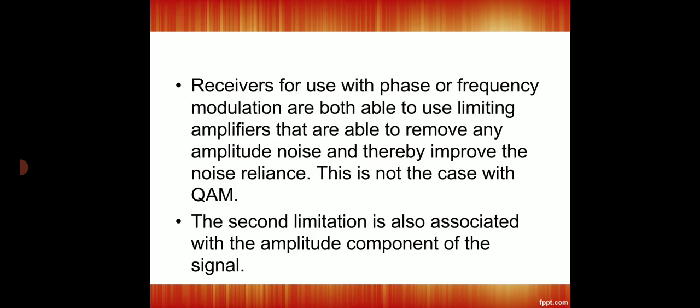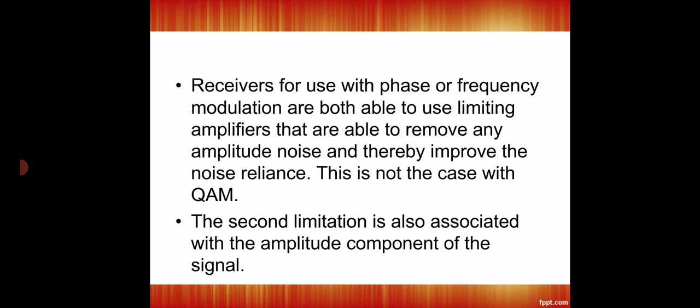So these are the disadvantages. Another is that receivers for phase or frequency modulation use limiting amplifiers so that they can remove the amplitude noise and improve the noise performance. This is not the case with QAM.